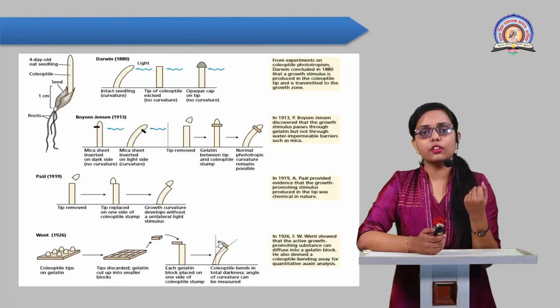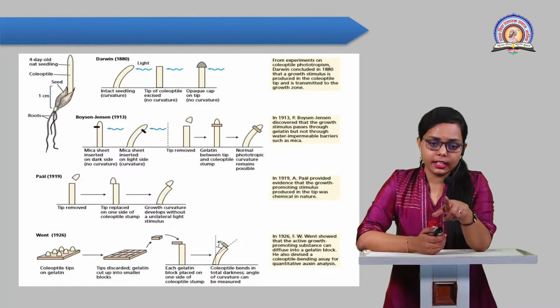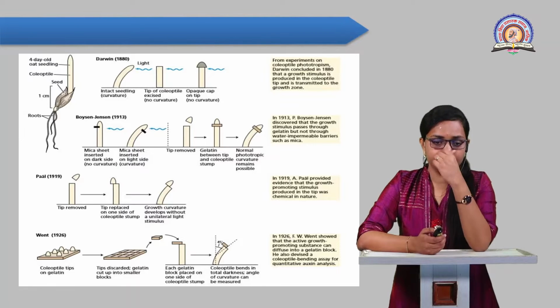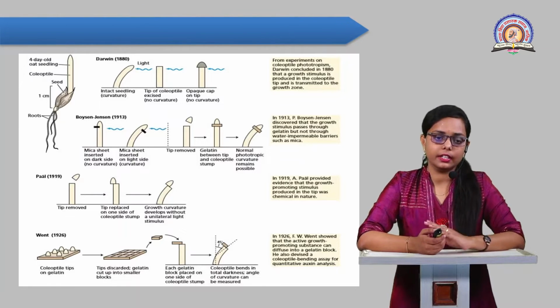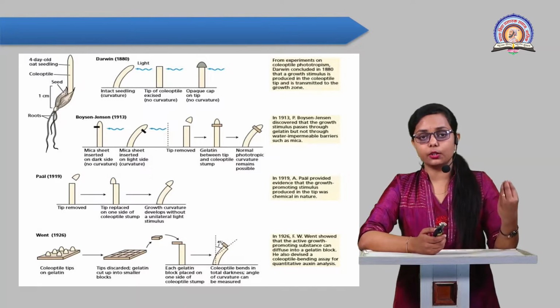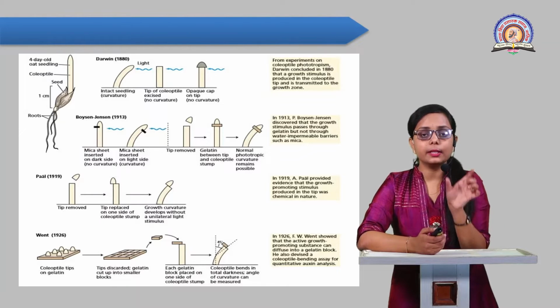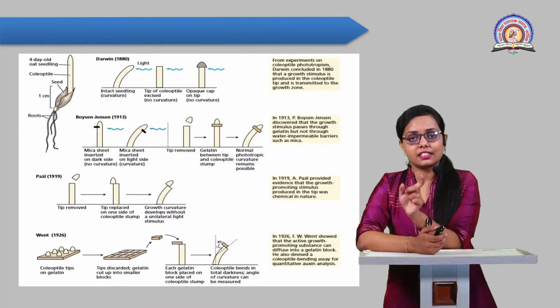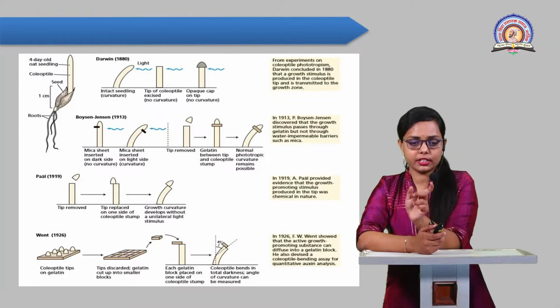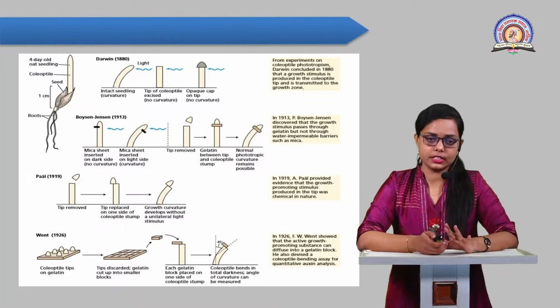The gelatin block absorbed the chemical compound and provided that chemical to the excised coleoptile, and then it bent towards the sunlight. So the chemical compound, or auxin, which was present in the coleoptile tip, traveled to the gelatin block, and when we keep the gelatin block on the excised or decapitated coleoptile tip, it would bend to the sunlight.